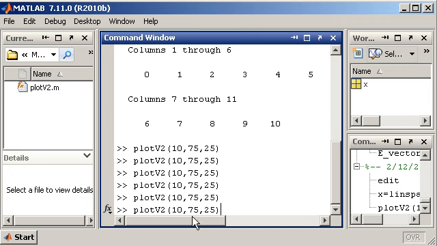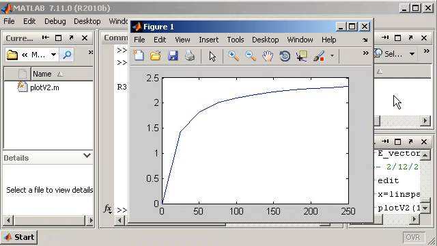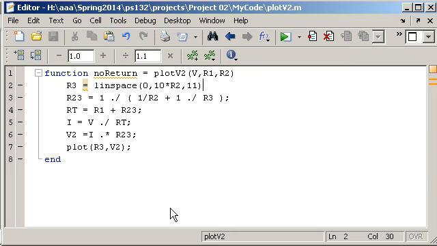Plot V2, 10 volts, 75 ohms, 25 ohms. And that time it worked. Went up from 0 to 250 ohms. So I think the problem may have been I graphed it once and then I redid it while the figure was still open.